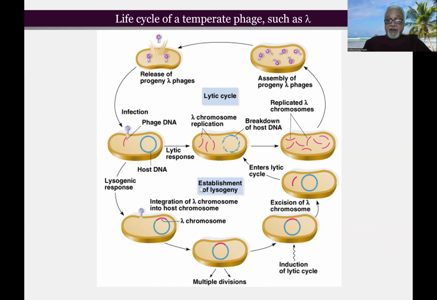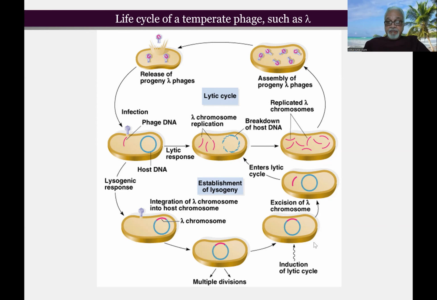But in the lysogenic life cycle, what happens when this DNA is injected into it? It gets integrated into the host chromosome, and it remains there, as I mentioned, and it multiplies along with the host cell. Generation after generation, nothing will happen.